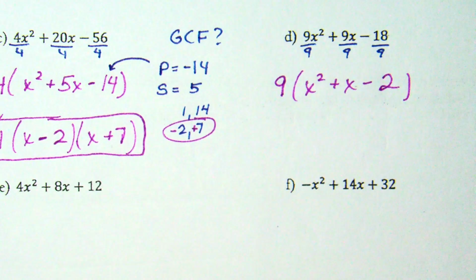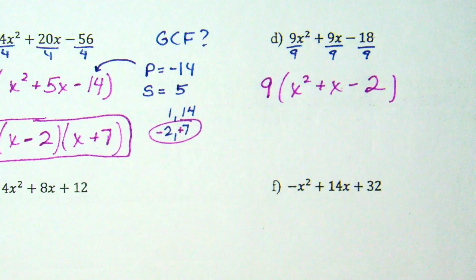Okay, x squared plus x minus 2. Am I done? No. Give me a minute. Add to 1. Maybe you can divide it by 1 to make the negative 2 simplify.